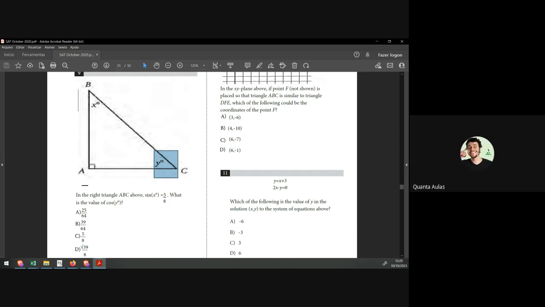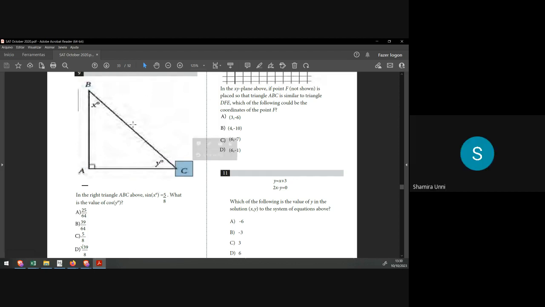So, sine was opposite leg over adjacent leg? Yeah. Okay. So the sine of this angle is the length AC divided by BC, okay?